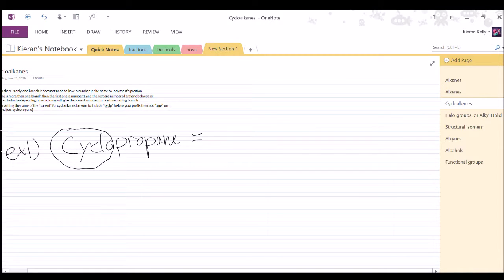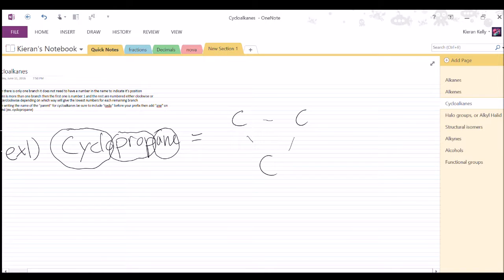And we have prop, which is the prefix for 3, so we know we're going to have 3 carbons. Go ahead and write 1, 2, 3 carbons in a circular fashion. And then the ending ane, so we know they're all going to be singular bonds. So go ahead and put in our bonds here.